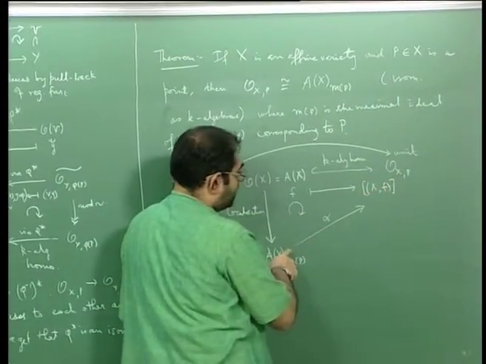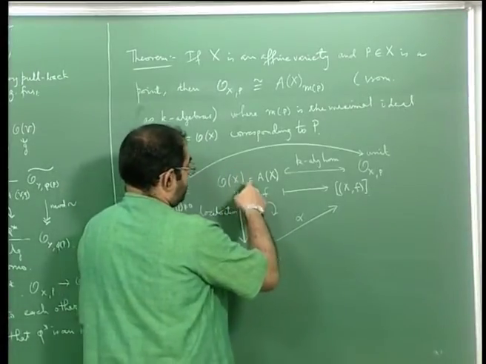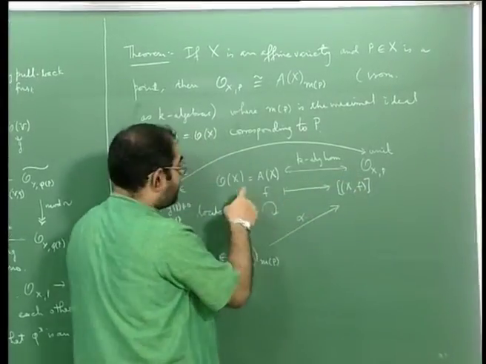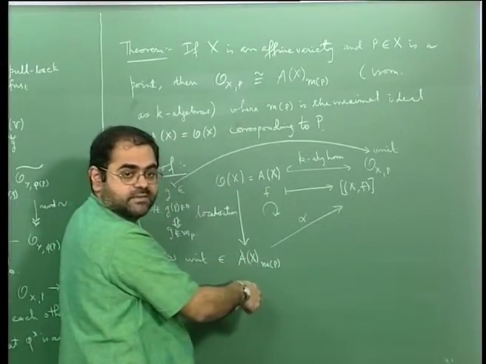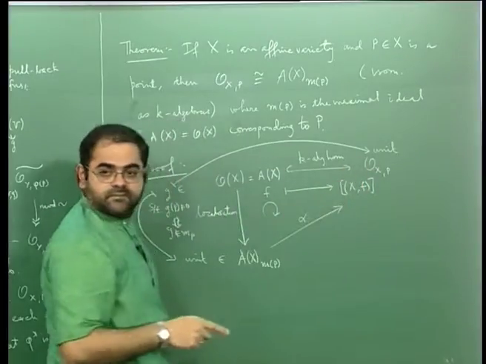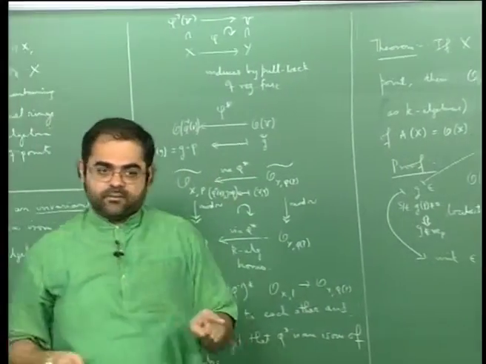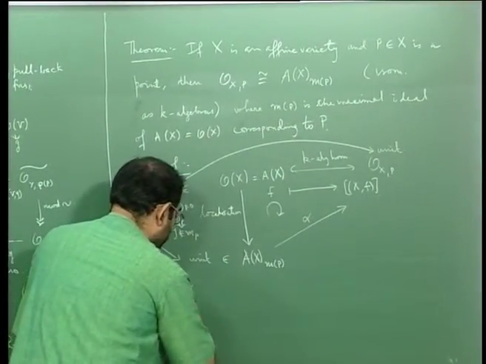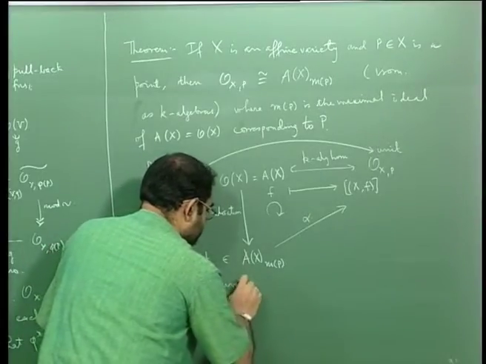The universal property of localization says that whenever you have a ring homomorphism from a given ring to another ring that inverts all the elements inverted by the localization, then that homomorphism has to factor through the localization. The localized ring is in some sense the initial object. So there exists a unique alpha by the universal property of localization.